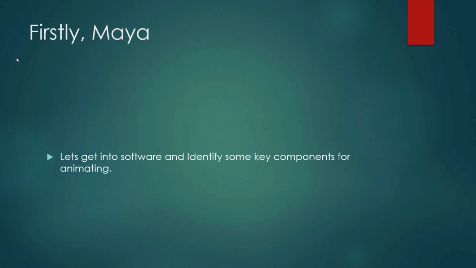Firstly, so Maya, let's get into software and identify some key components for animating. Didn't we do this in year 1? You did a small thing of it, but now we're going to go in more detail. All right, so could you open up Maya for me, please?